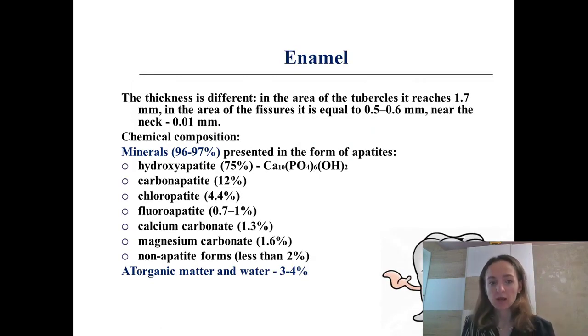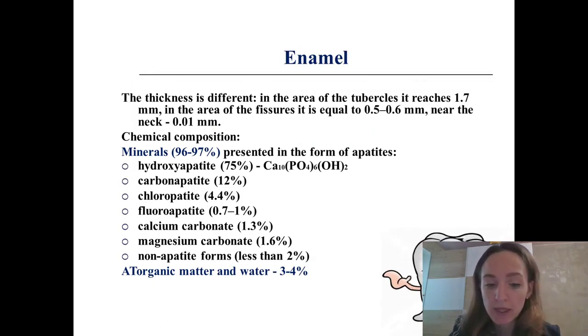Enamel. So, enamel formation, which we also call amelogenesis, is accomplished by cells that we call ameloblasts. These cells originate from the embryonic germ layer known as ectoderm. Enamel covers the anatomic crown of the tooth and varies in thickness in different areas.